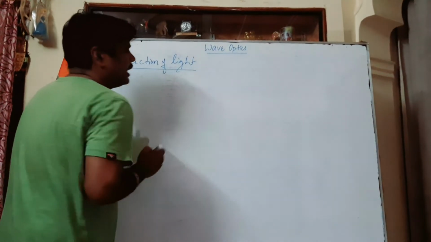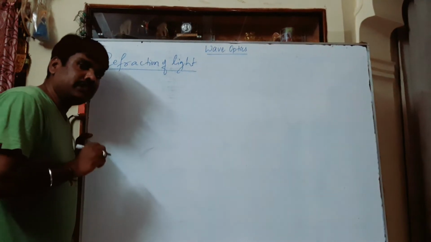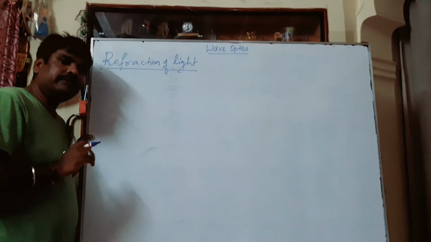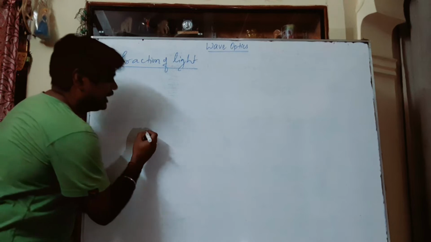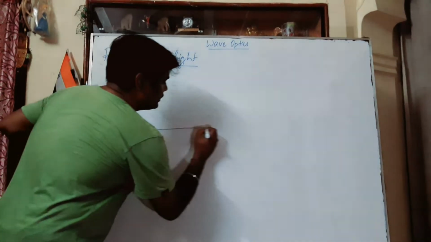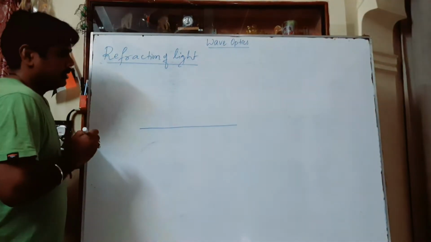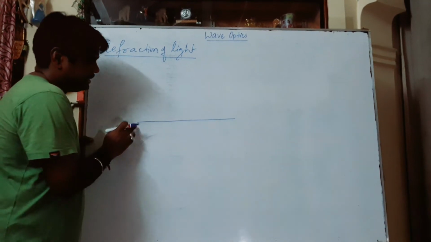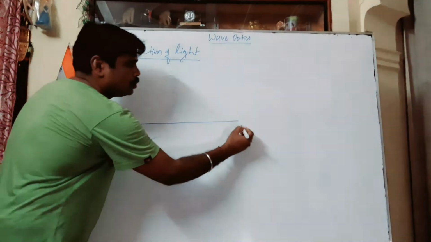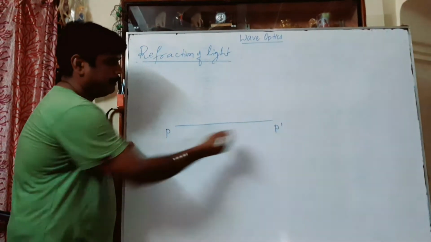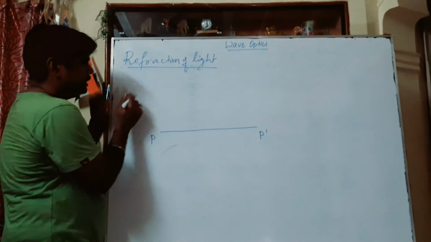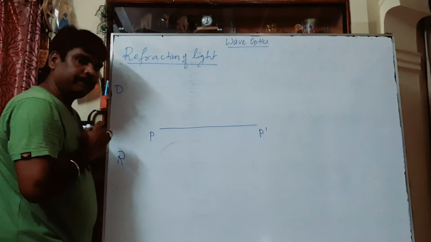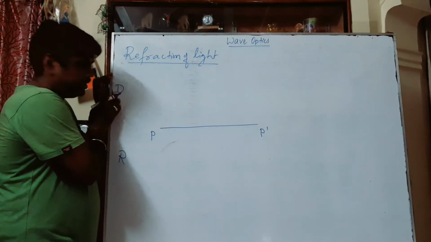by using Huygens principle. The condition is light traveling from denser media to rarer media. Say this is the plane surface P P dash which separates two media. Let us consider the top one is denser media, medium 1, and the bottom one, medium 2, is rarer media.